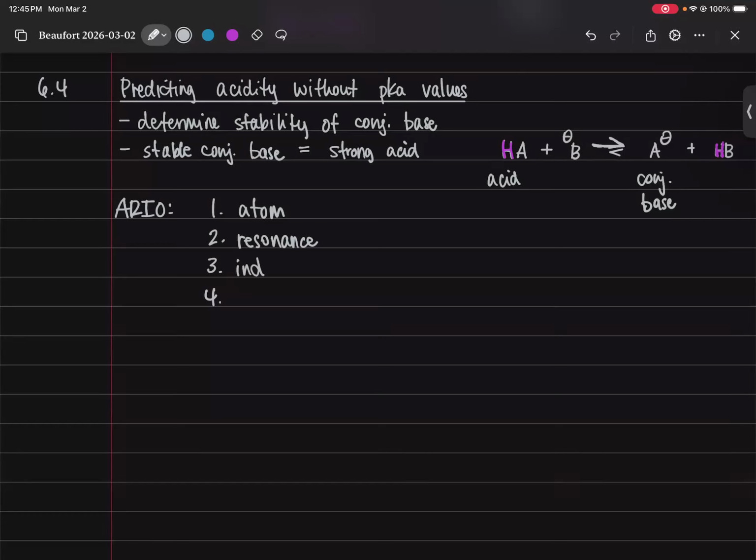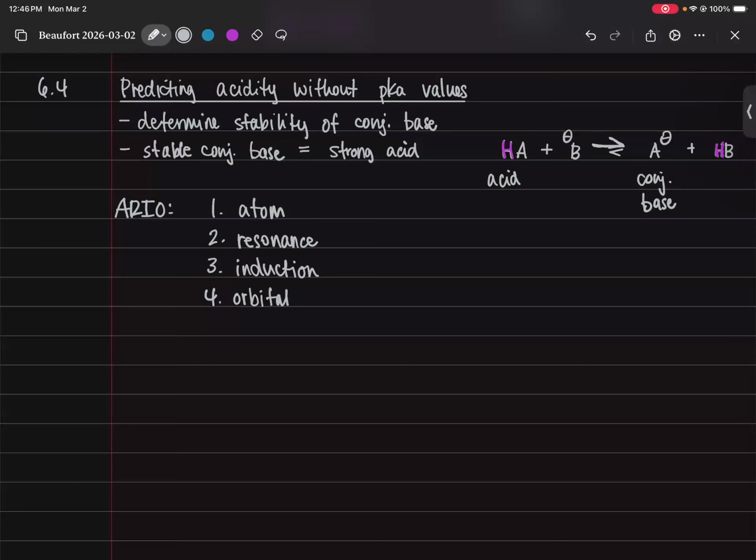Resonance. Induction, and orbital. So if we're going to do these in order, and if we find that just in the first step, the atom that we're looking at is going to make a difference between more stable and less stable conjugate base, then that immediately makes the decision for us, and we don't have to continue on to the next steps.